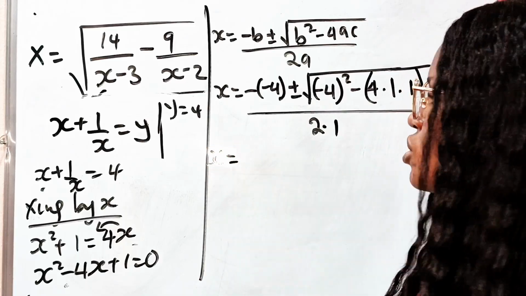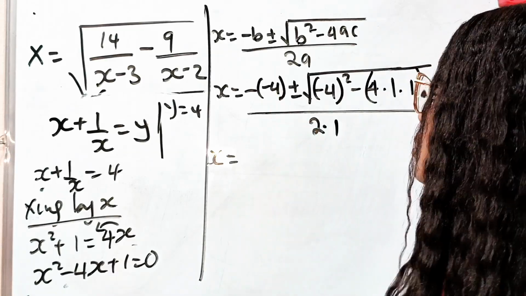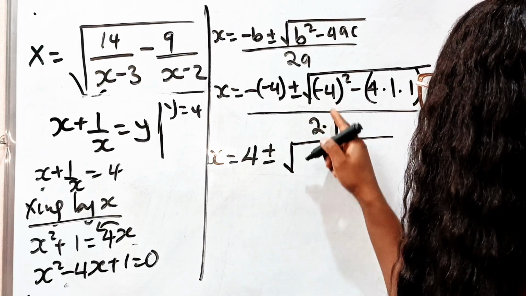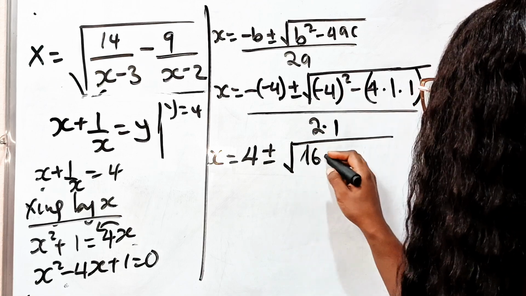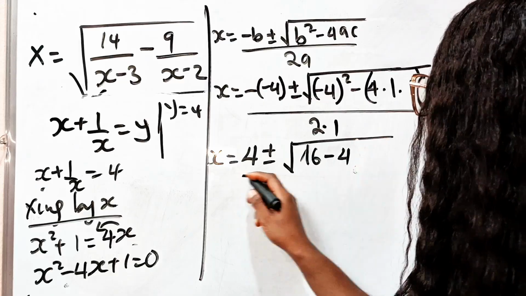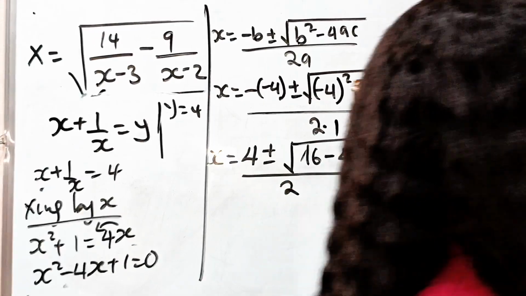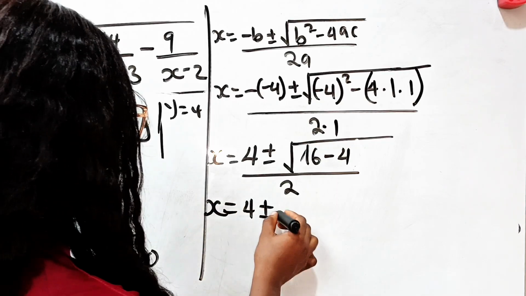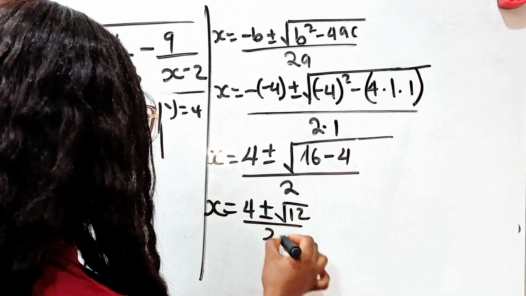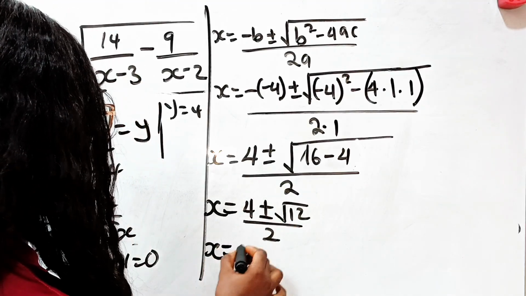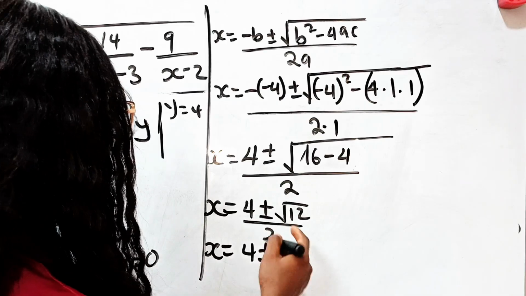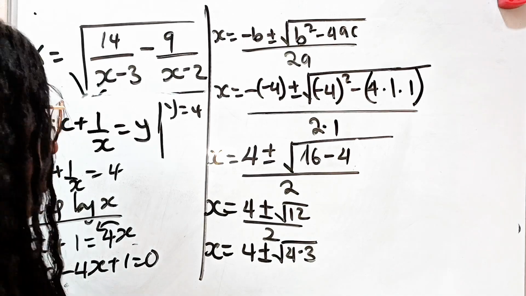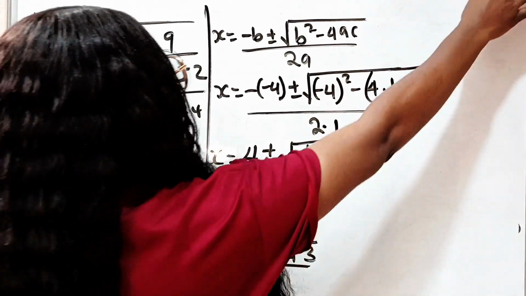Minus times minus is plus, so we have (4 ± √(16 − 4)) / 2. So x is (4 ± √12) / 2, and √12 is the same thing as √(4 × 3), divided by 2.